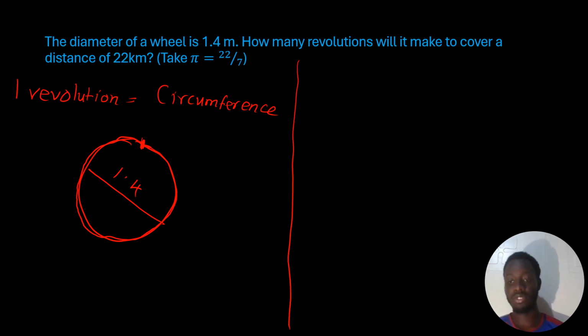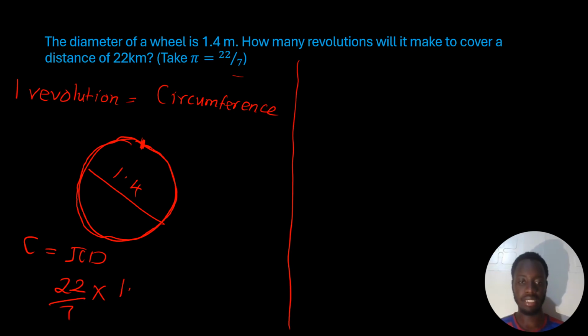First of all, we have to find the circumference of the wheel, and circumference is equal to pi d. Our pi is 22/7 here; we'll be given pi as 22/7. So let's substitute the value of pi and d, which is 1.4.